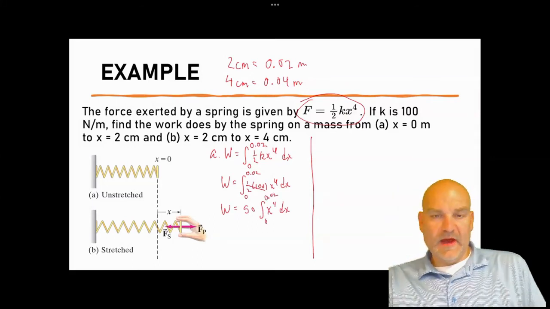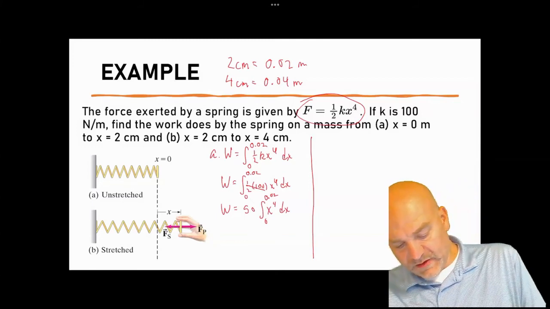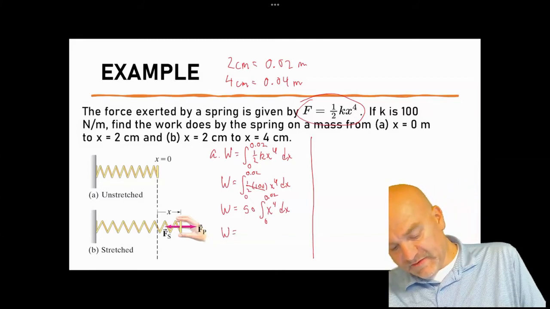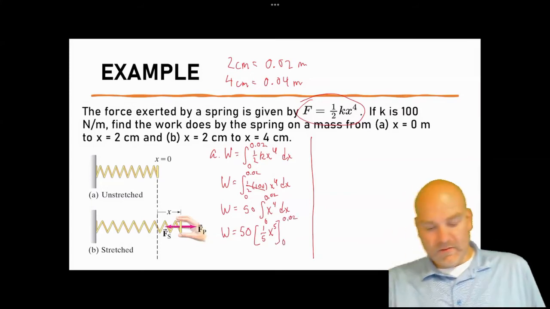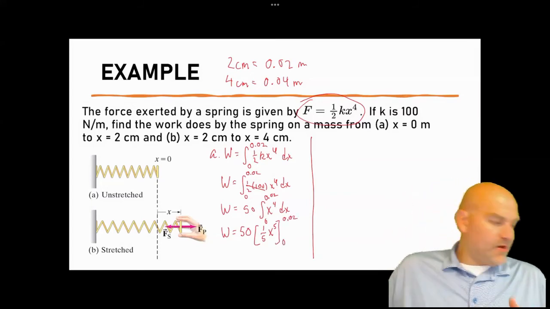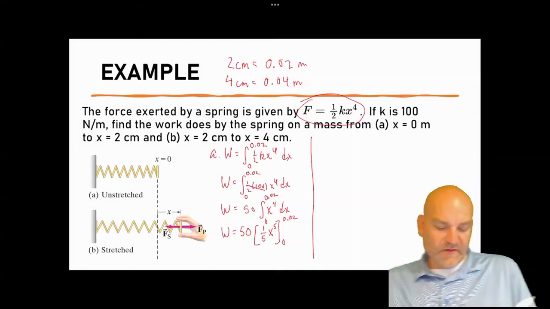The integral of x to the fourth is 1/5 x to the fifth. So it's 50 times 1/5 x to the fifth from 0 to 0.02. Now here's where you can do different things.